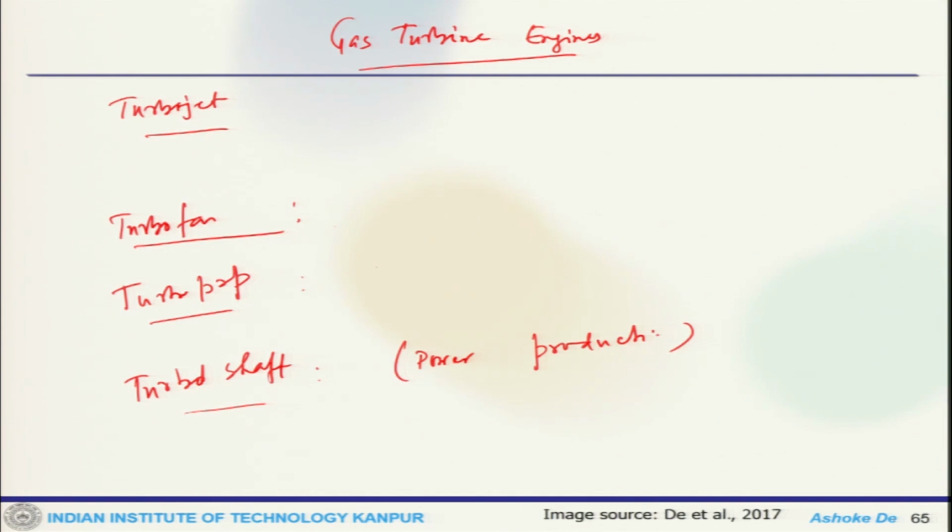So there is a basic gas generator one can think about. This is a compressor, then there is a shaft connected with a turbine, then this is what comes in and goes out.